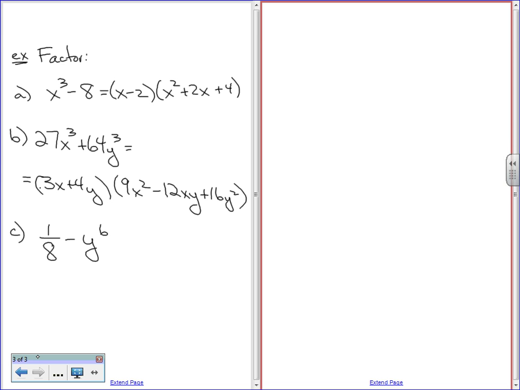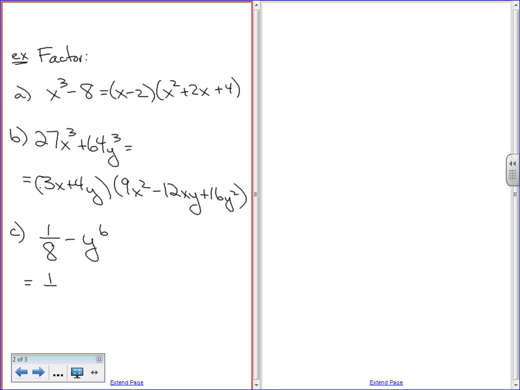So this is a difference of cubes because what times what times what gives me 1 over 8? And what times what times what gives me negative y to the 6th? Awesome.